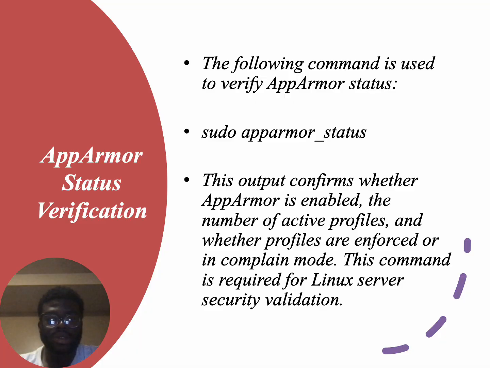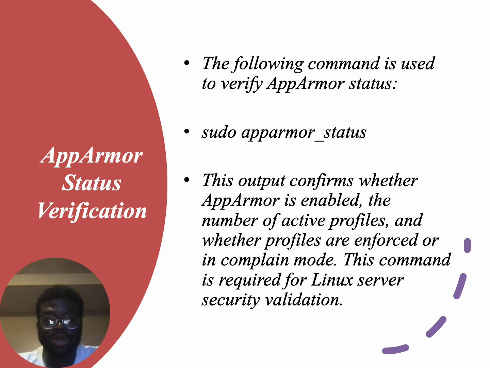Then the AppArmor status verification. The command used to verify AppArmor status on Linux is sudo apparmor_status. This is the command I used while I was setting up my Ubuntu server for this particular project.